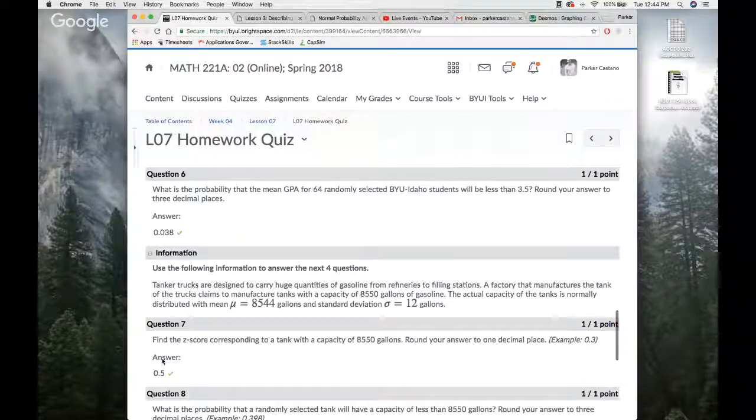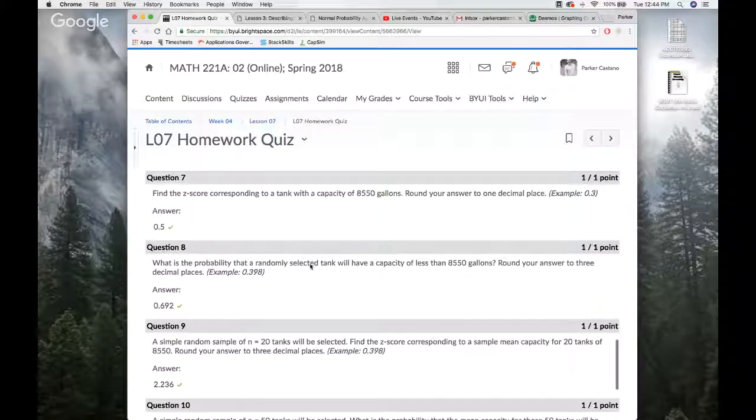Okay, so then going to question 9 and 10, and it's probably going to be along the same ways. Okay. So I got question 8 correct, which was the probability of 1 tank. So then the sample of 20 tanks. Yeah. Now that also changed the 8550, 8544.